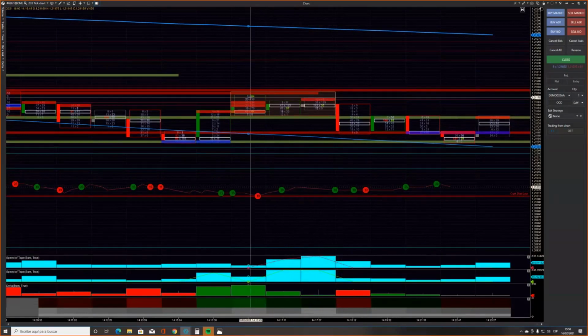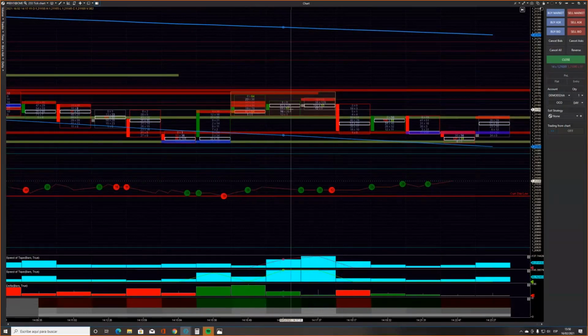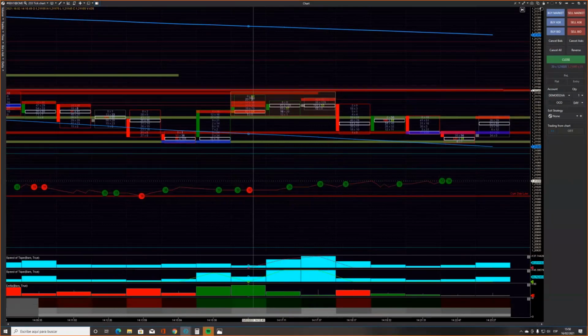For my settings, these green numbers are called imbalances. Market imbalances are huge differences between one side and the other, I mean, between buyers and sellers. In this case, we see the difference here at the top is for the buyers.